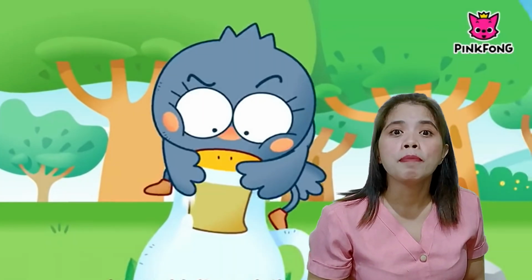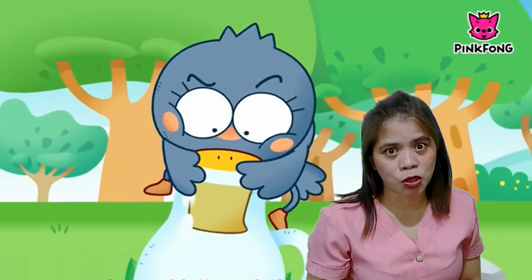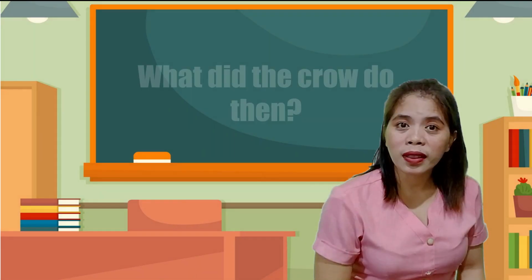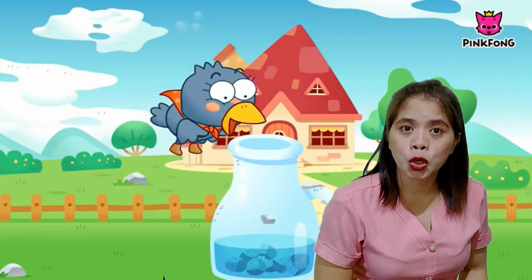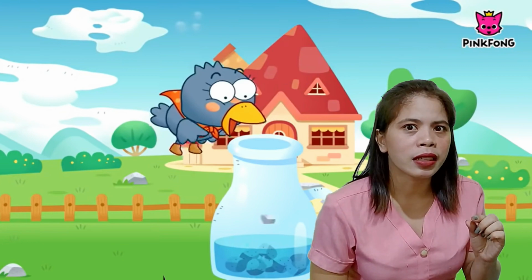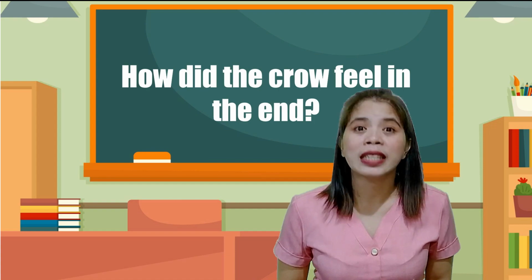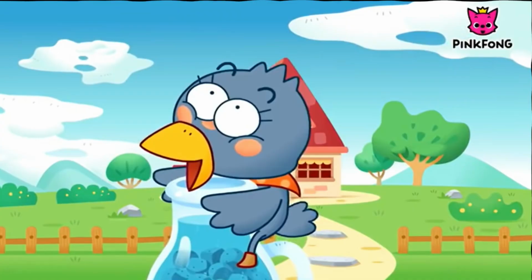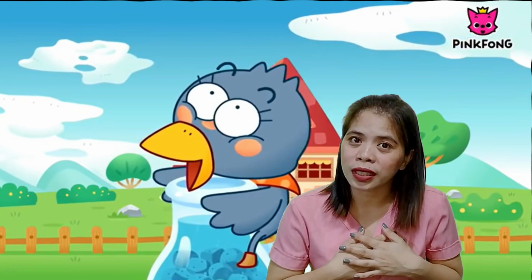No, because his beak was too big for the pitcher. What did he do then? He dropped some stones into the pitcher little by little till the water rose. How did the crow feel in the end? He felt very happy and good.